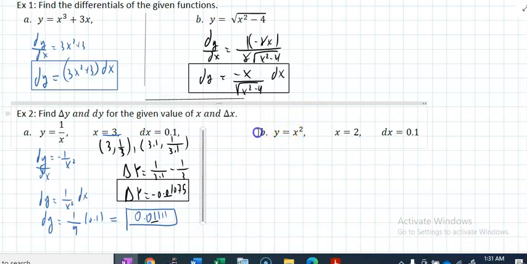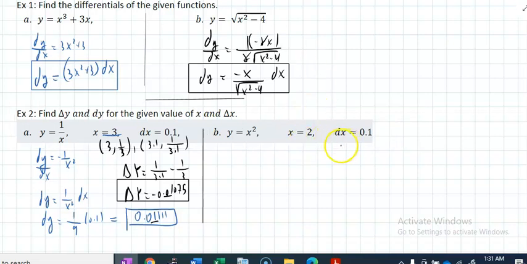If I look at the next problem, y equal x squared, if I want to find the exact change, if I start at 2 and I move 0.1 to the right, so delta y is actually, if x equal 2, y equal 4, and if x goes from 2 to 2.1, that would be 2.1 squared, 4.41.